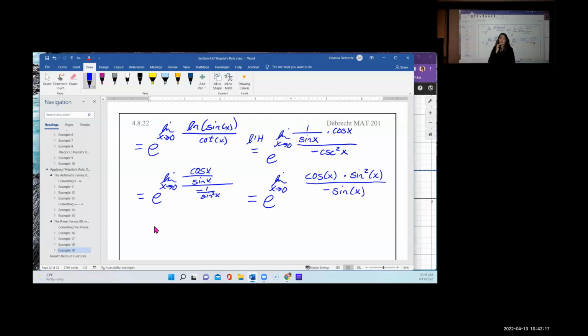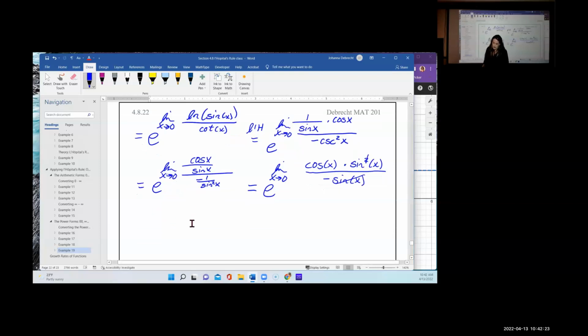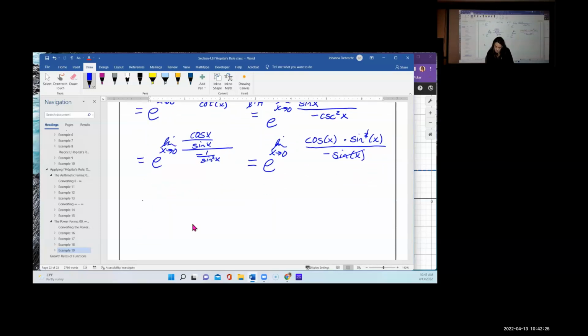Now, one of the sine x's will cancel the other sine x that's in the numerator. And that leaves me with e to the limit as x approaches 0 of negative cosine of x times sine of x.